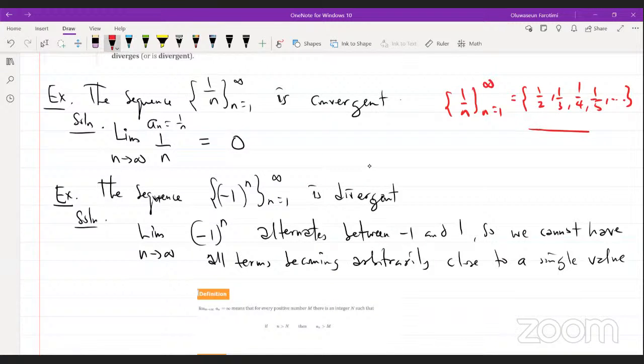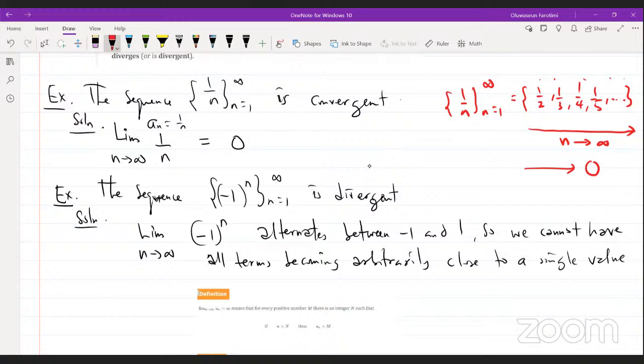As n keeps increasing, what happens? This number becomes smaller and smaller until it goes towards 0. When n becomes 1 million, you have 1 divided by 1 million. That's like 0.0000 something, right? So that means it approaches 0.